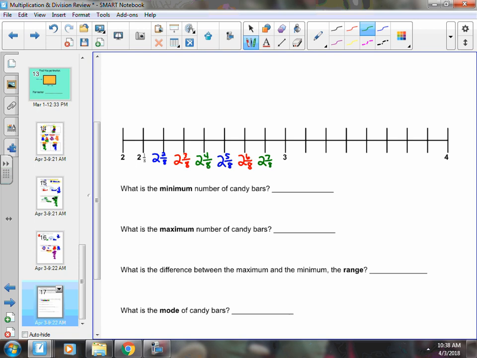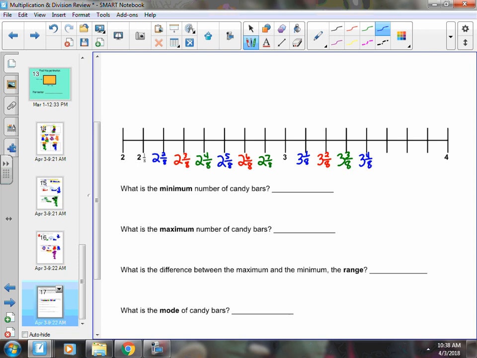After 3, if each line is an eighth, next would come 3 1/8. Very good. 3 2/8. 3 3/8. 3 4/8. What is 3 4/8 the same as? 3 1/2.